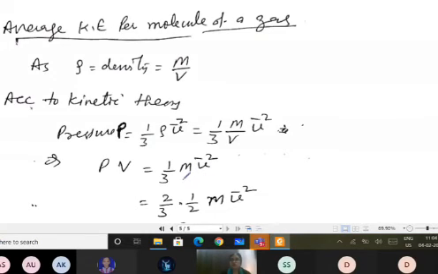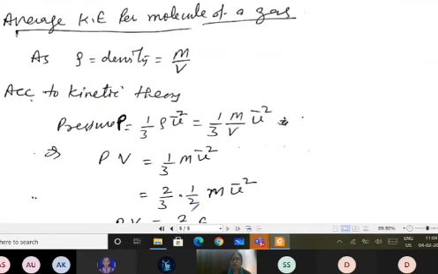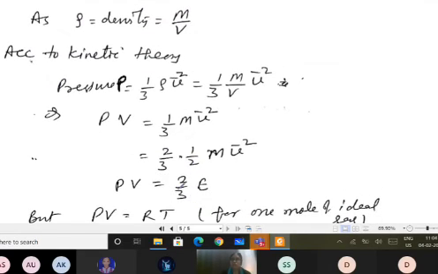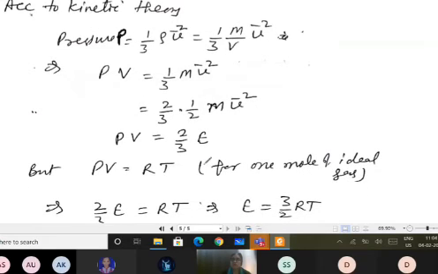But I can rewrite this, if I multiply and divide by the number 2, because I know half mv square is the energy. So I can write it as 2 by 3 E. Here E is of course simply the energy. If you want, you may write it as E dash just to differentiate.